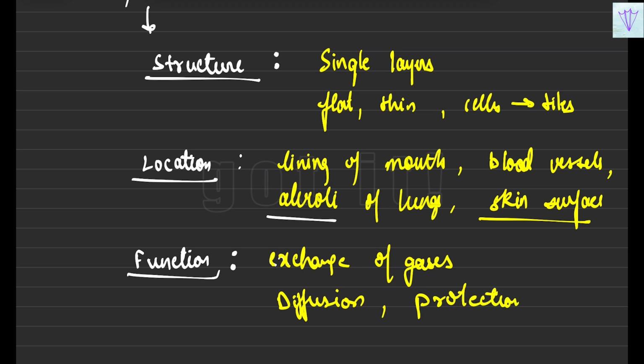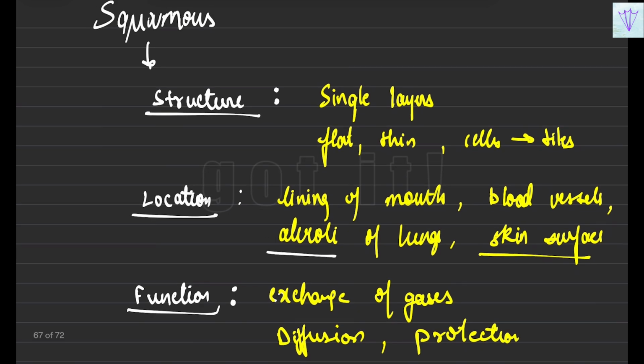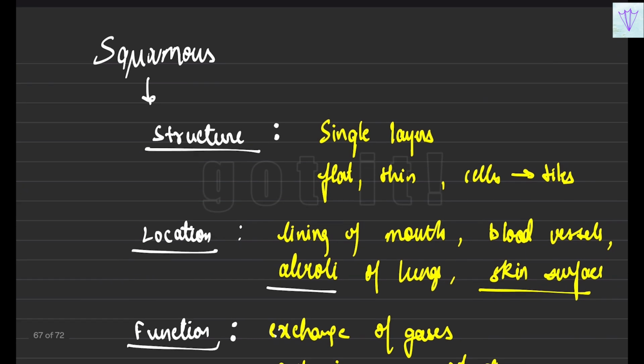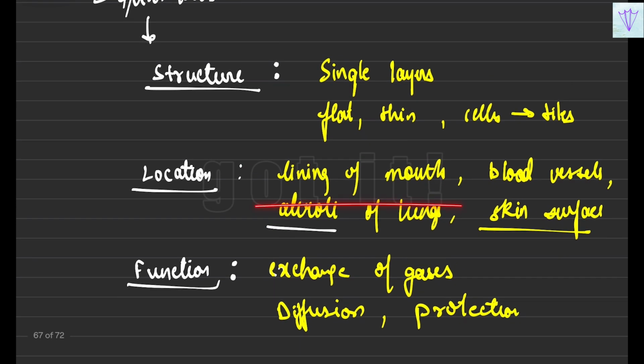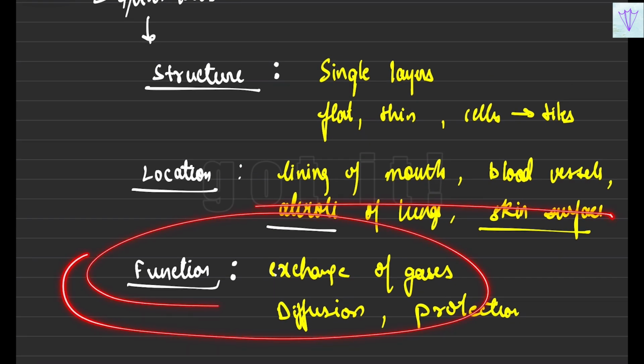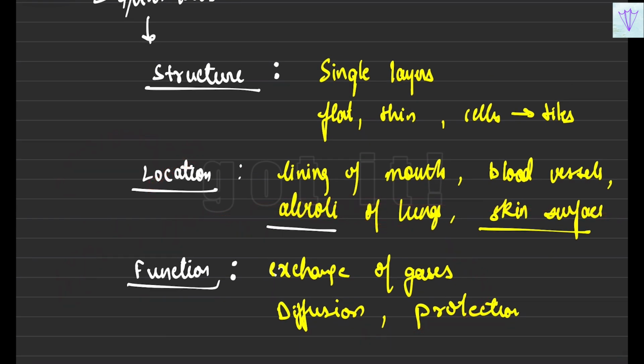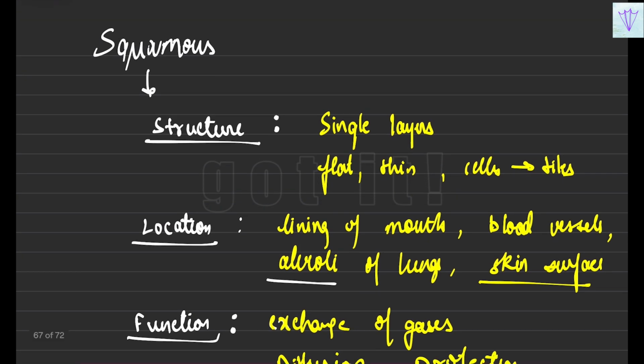So this is all you have to learn about the squamous epithelium: the structure, single layer, flat thin cells like tiles, location, and the functions will be related to the location where it is found. The main key word for squamous epithelium is that it primarily focuses on exchange. You can remember like this.